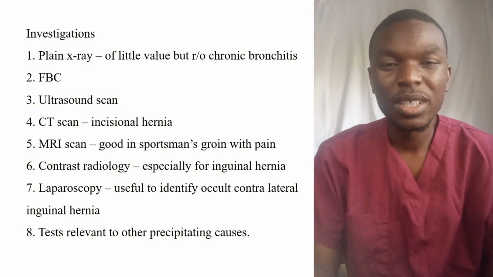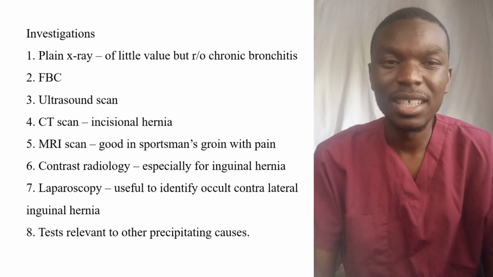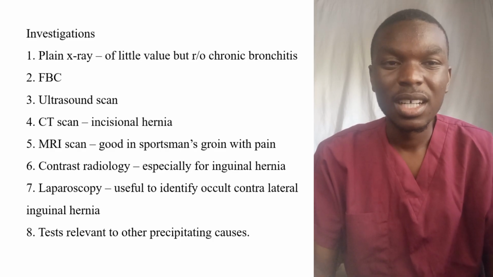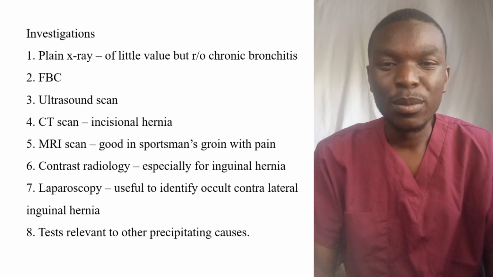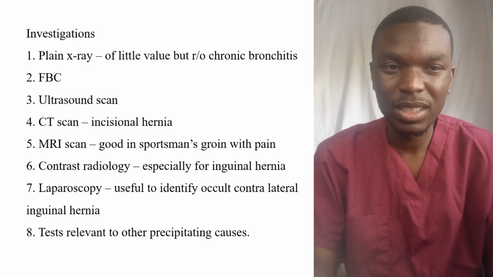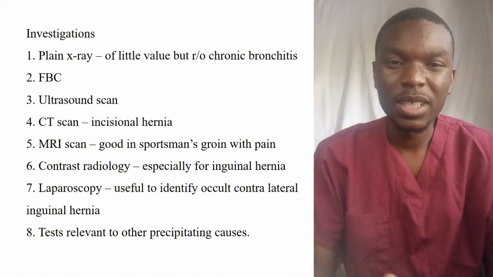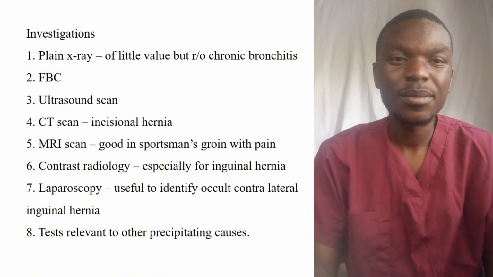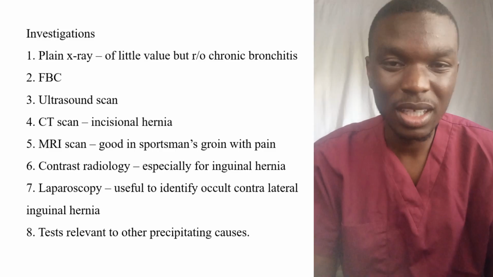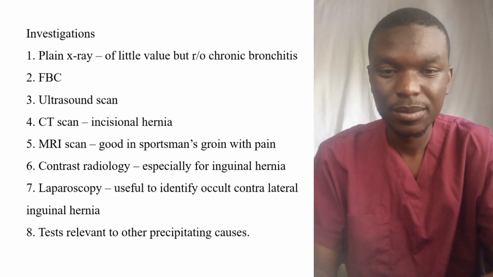Then a CT scan or MRI. And then you also want to do an abdominal X-ray, in case there is some obstruction. So basically those are the investigations that you would do for this patient.